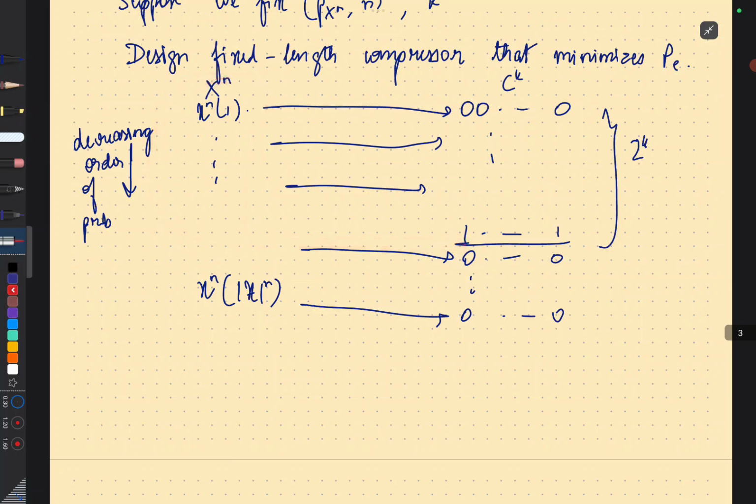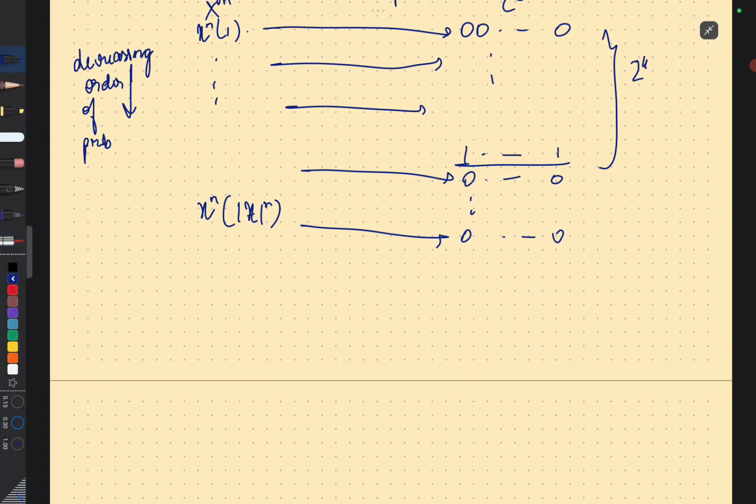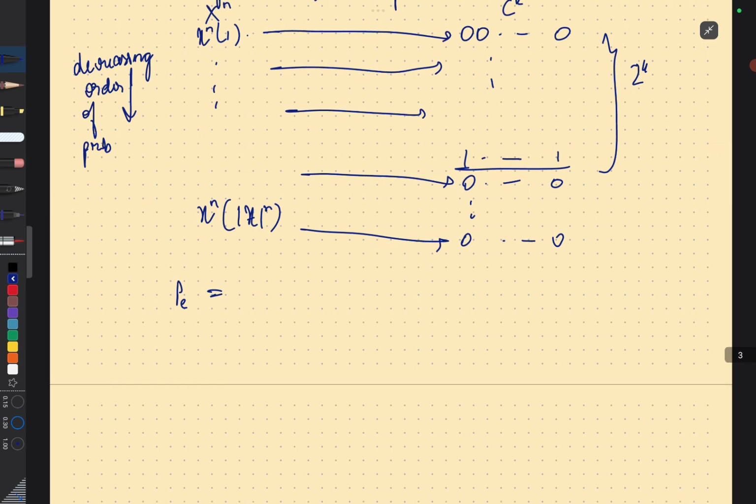The remaining source sequences can never be recovered correctly. So what is the probability of error? When does an error occur? Correct. So basically an error occurs only if you see the bottom few sequences.